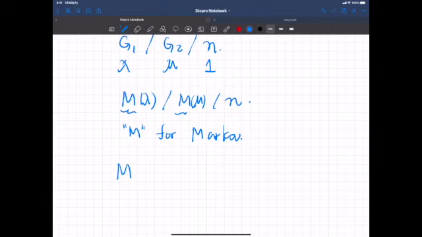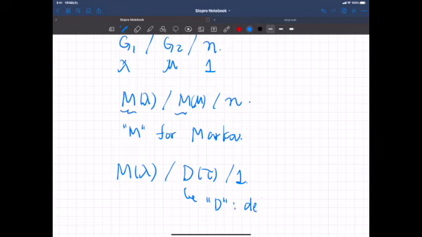In that case, we write M lambda slash D tau slash 1 server. So D means deterministic. That means tau is fixed. So this is how we name a queue process.